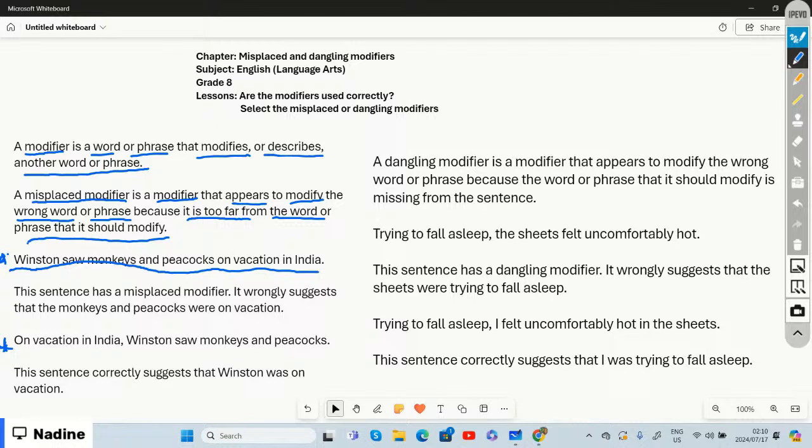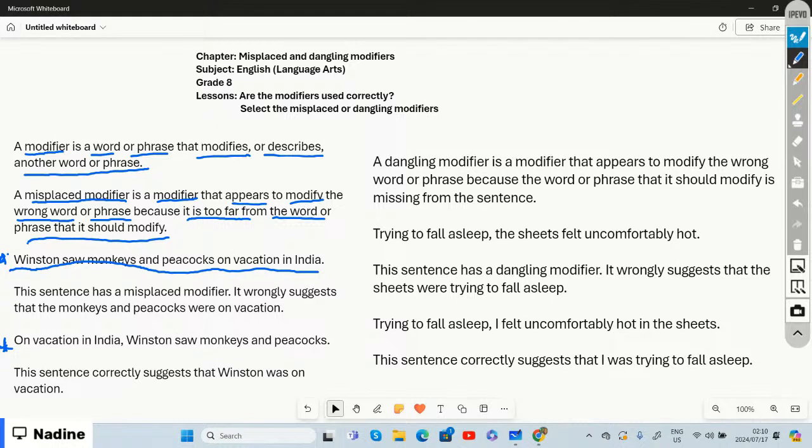But if we correct that sentence by saying, on vacation in India, comma, Winston saw monkeys and peacocks, now it gives us a clear indication that Winston was the one that was on vacation, but he then saw monkeys and peacocks.